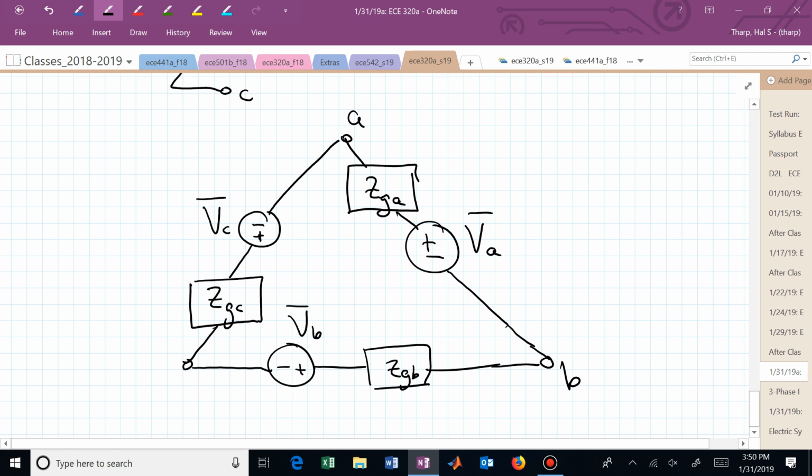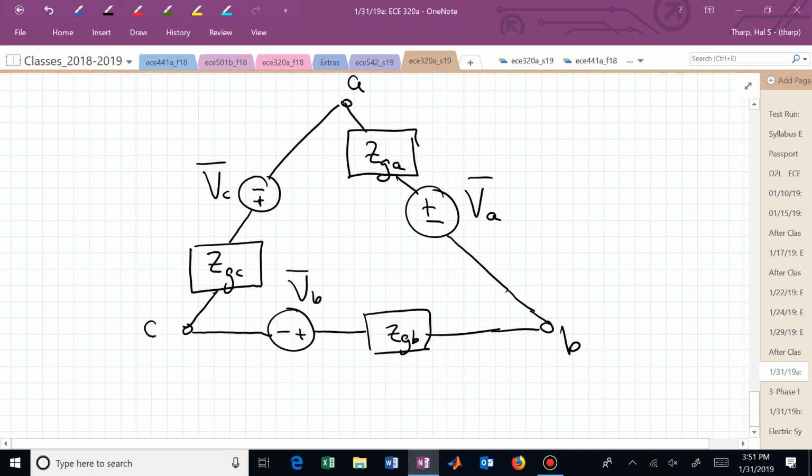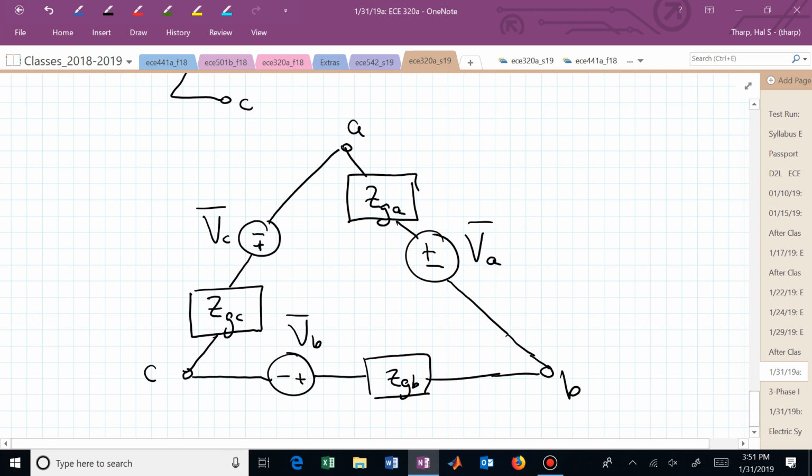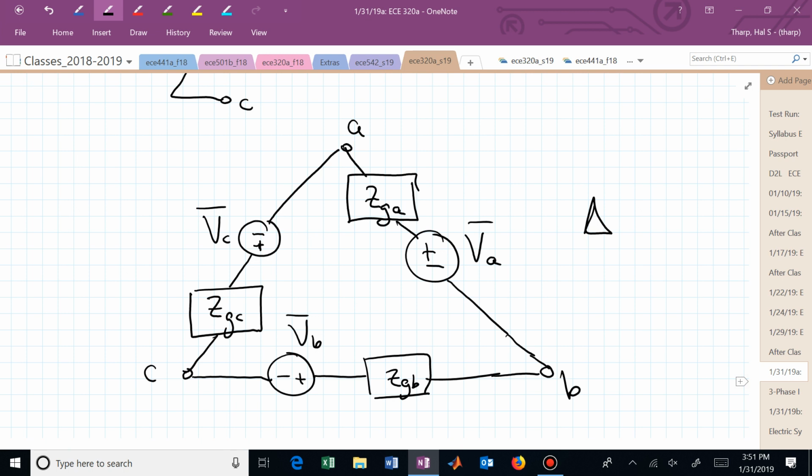And these are lowercase just to be with our convention. These are the lowercase letters that we're using when we're close to or at the terminals. I was trying to interconnect the, no, you can interconnect deltas and Y's. It's just the phase sequences you can't interconnect.